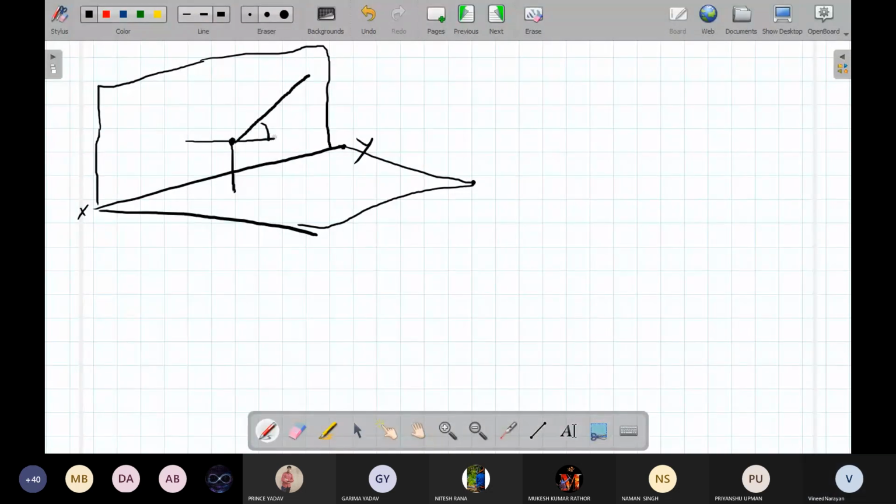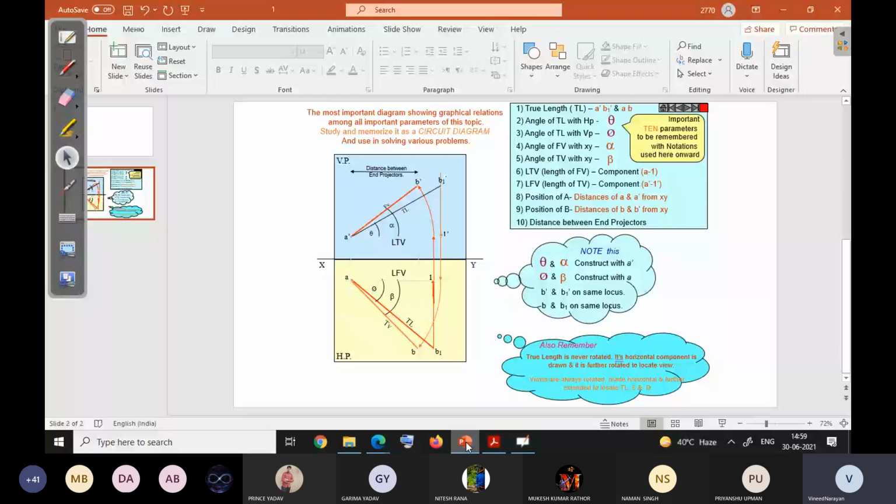Normally we denote those things with alpha, beta. So theta is the inclination with the horizontal plane, or true angle. The apparent angle is alpha, and the apparent angle is beta when it's the inclination with the vertical plane.